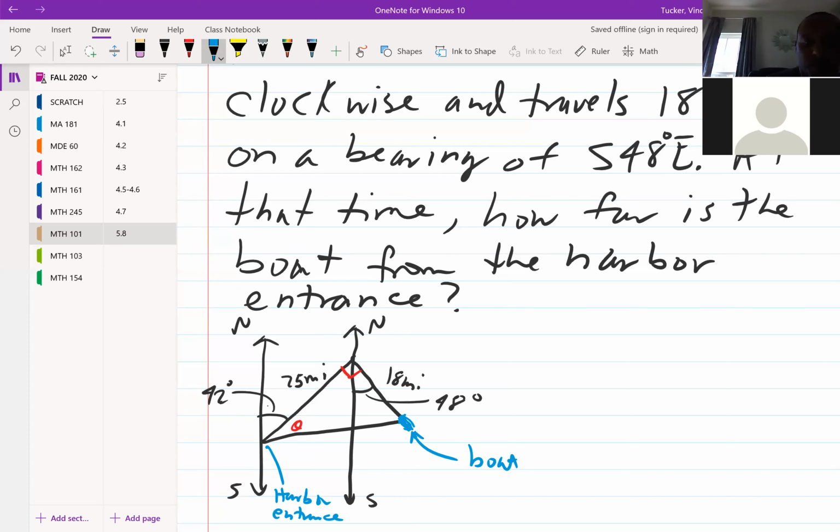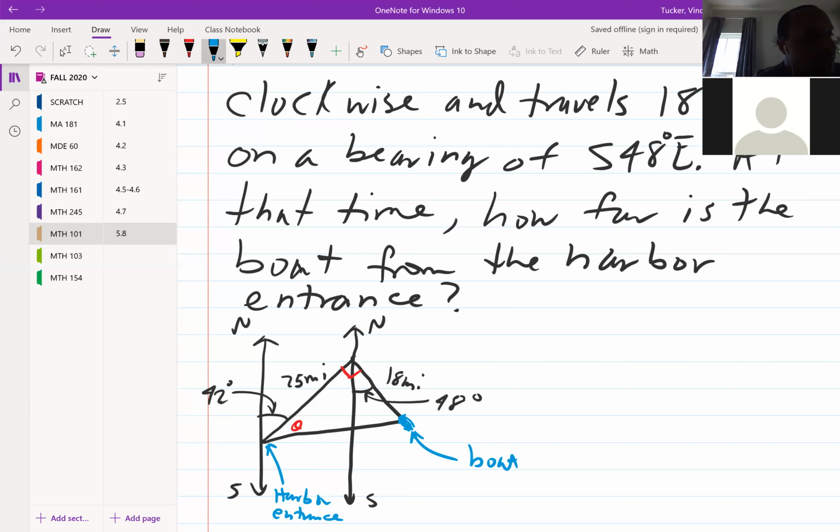All right, so I think I'm okay now. I did the best I could. So hold on. Let me draw. Make sure you see that that's the arrow, and it's the harbor entrance.